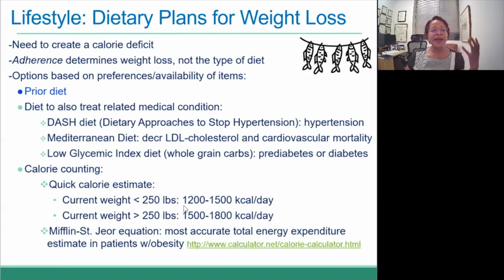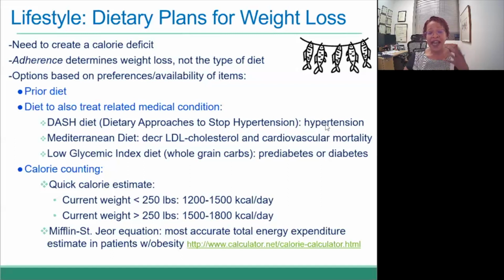And sometimes choosing something tied to a medical condition might make it more motivating. So using something like the DASH diet, it's been shown that eating in that dietary style can actually decrease blood pressure.